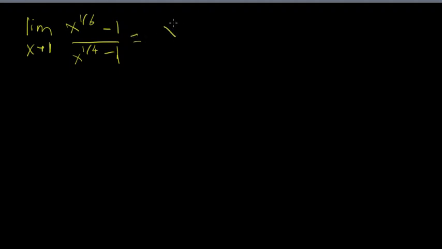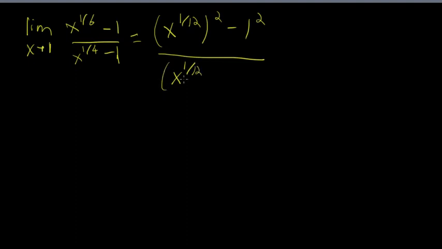And I'm going to rewrite this numerator as x to the 1/12 squared minus 1 squared. That's just x to the 1/12 squared, which is x to the 1/12 times 2, and 1/12 times 2 is 1/6. I'm going to rewrite this denominator as x to the 1/12 cubed minus 1 cubed.